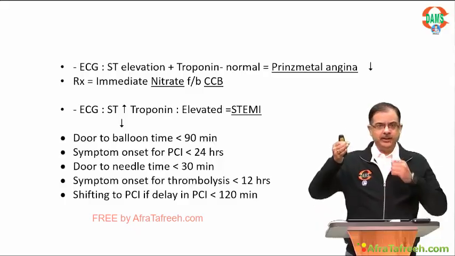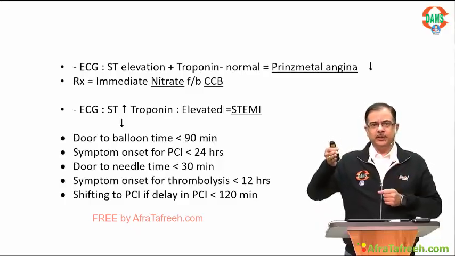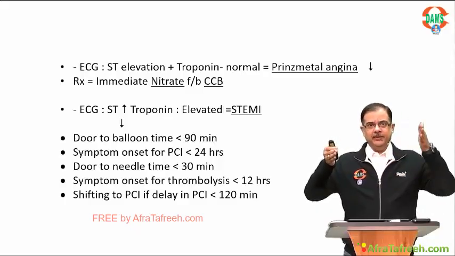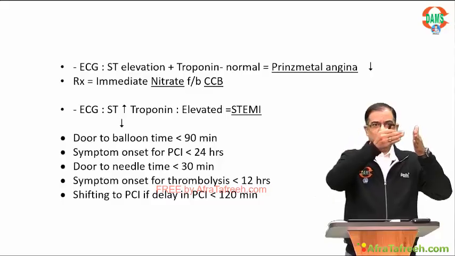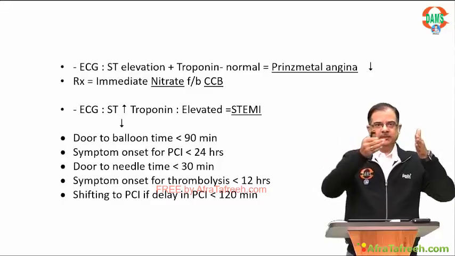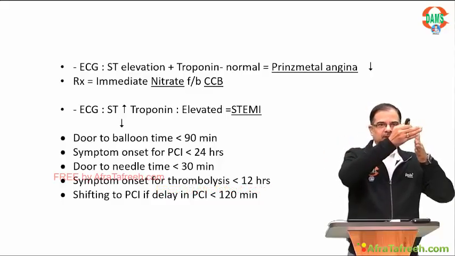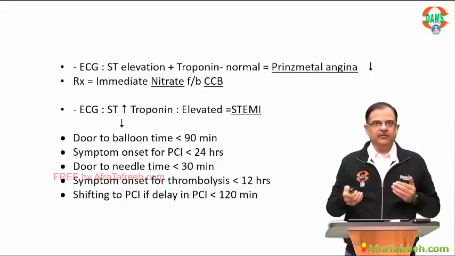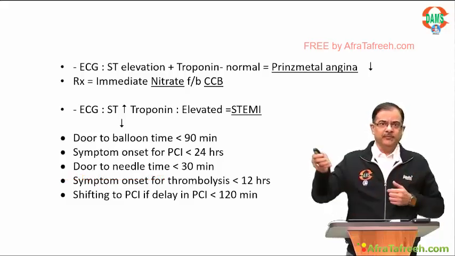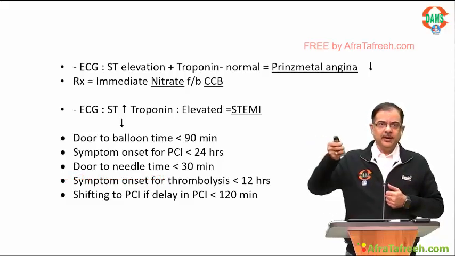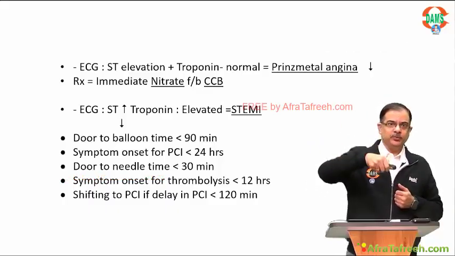Suppose a patient comes to a small hospital and we are planning to transfer to a large hospital. There will be a delay in shifting on the road, traffic, delay on the road. The patient enters the operation theatre where the cardiologist will do the PCI, and the PCI procedure takes 25 minutes. So we add travel time plus PCI procedure time.